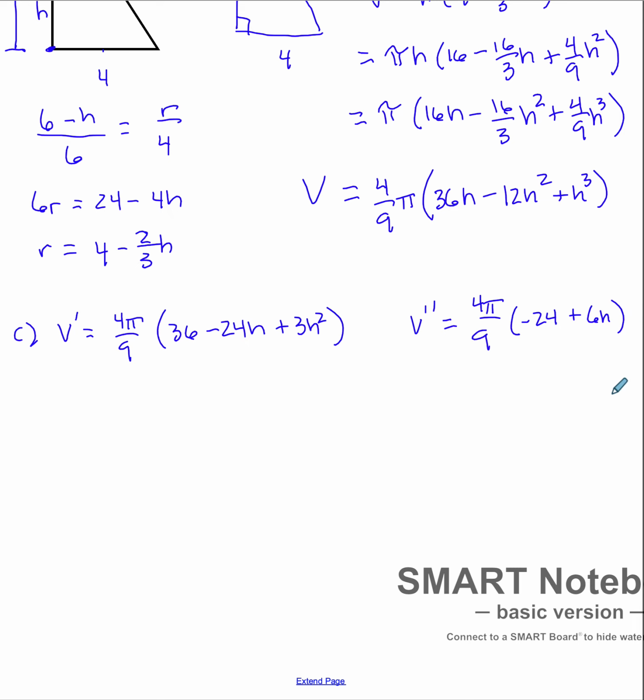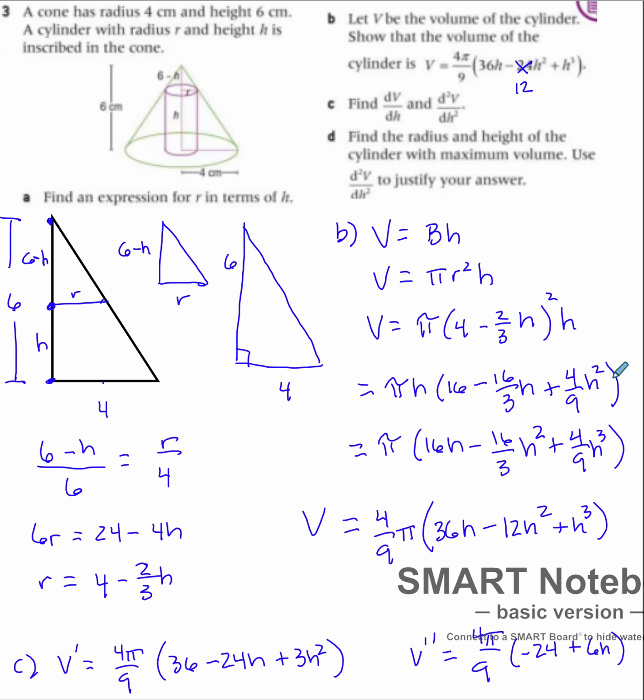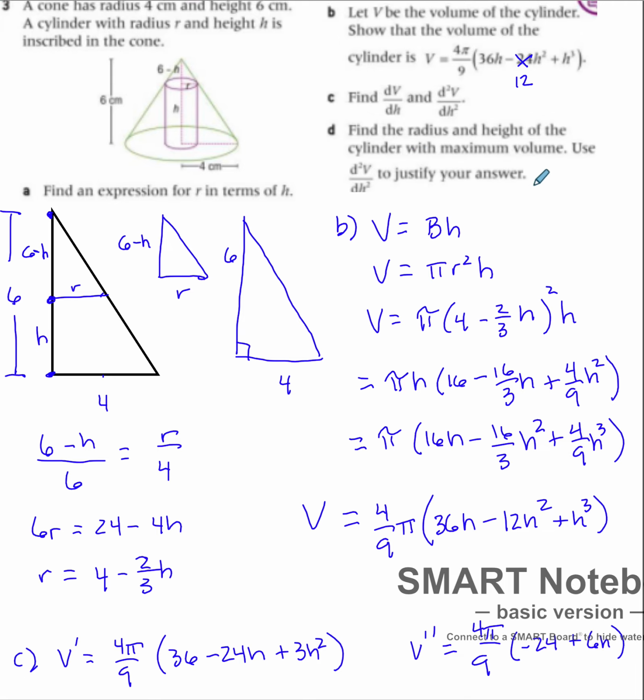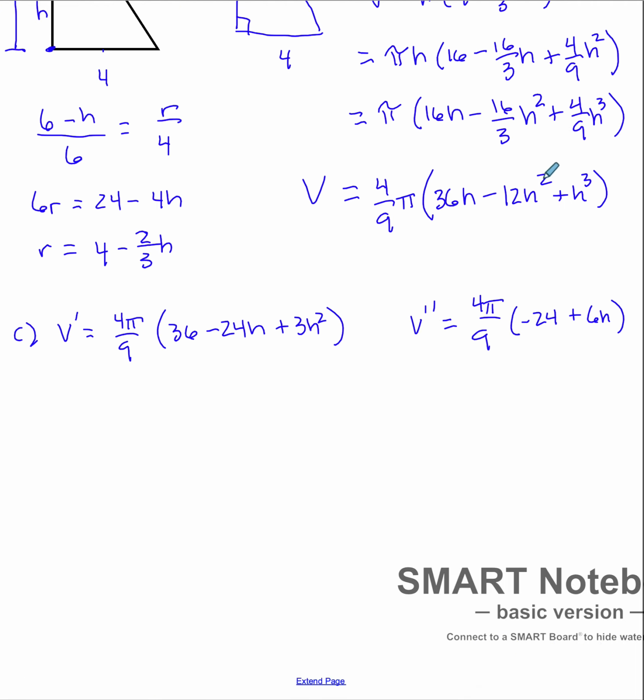So we've got that, right? And so now it says find the radius and height of the cylinder with maximum volume. Use the second derivative to justify your answer. So first, we have to find the critical points using the first derivative. So we're going to set the first derivative equal to 0.